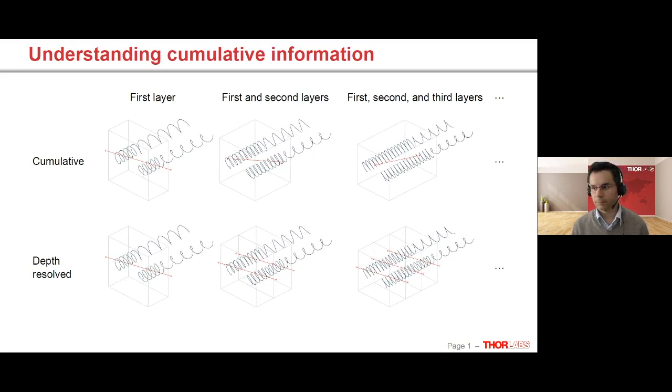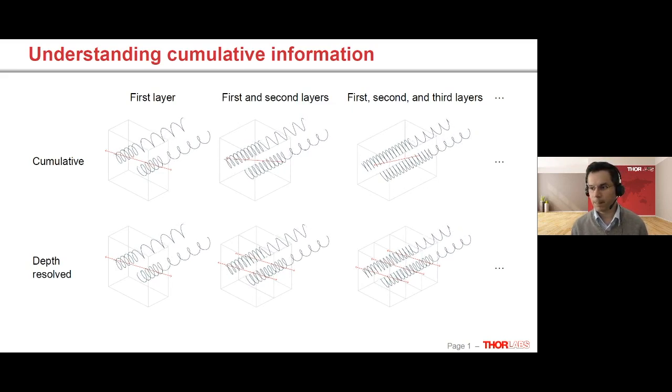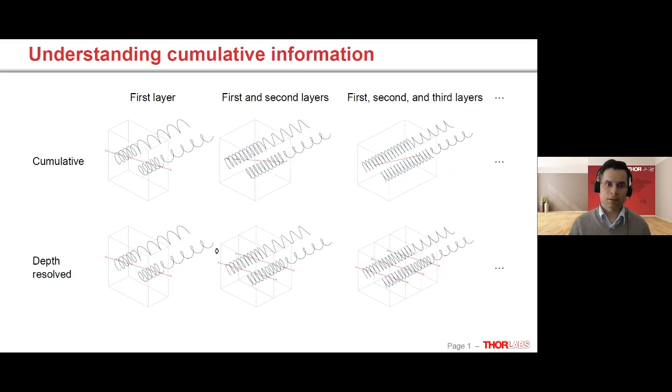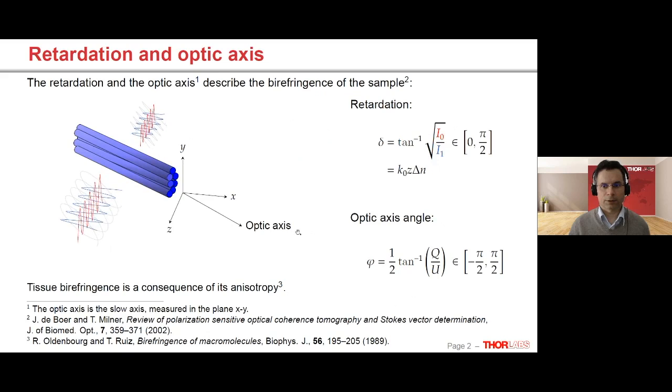Okay, thank you. Next one, how do you calculate the optic axis from Q and U? Q and U are two numbers between -1 and 1. They have a sign so that the inverse tangent function can work that out in four quadrants.